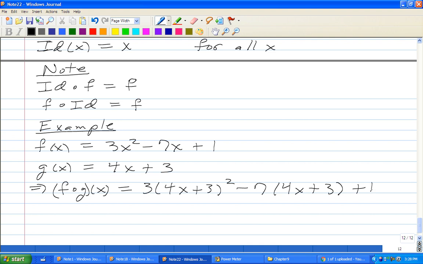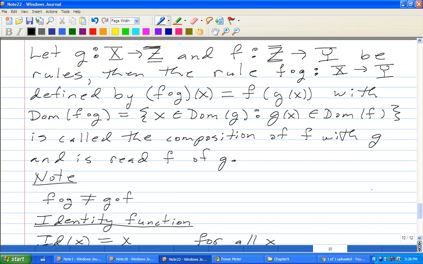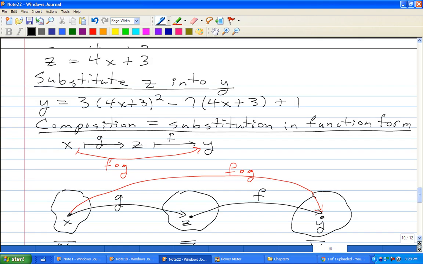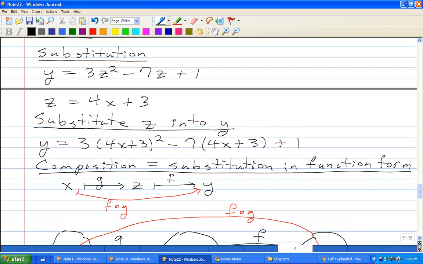But note the following. About 10 minutes ago, I told you that composition was really just substitution. So if you look at my function here, oh, now it's way up here. Aha. I let f of x equal 3x squared minus 7x plus 1 and g of x equal 4x plus 3.